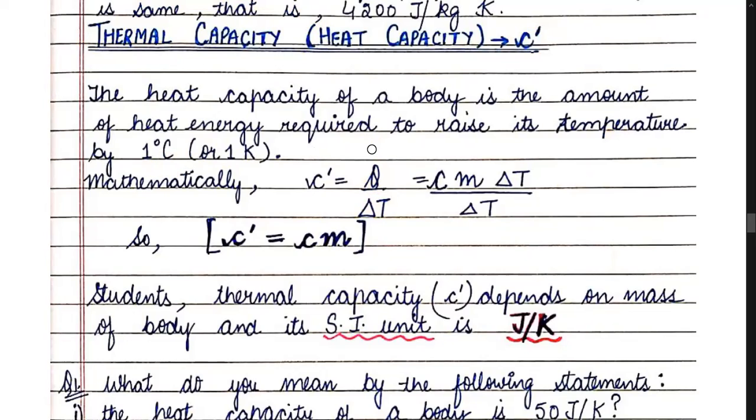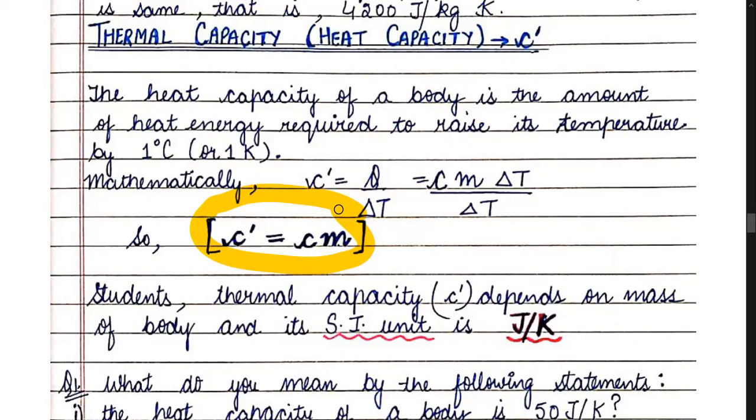So mathematically, we can write the formula of C dash as C dash is Q divided by delta T. As already done earlier, capital Q, heat energy, can be written as mc delta T, and divided by delta T, such that delta T and delta T cancel out, and the formula for C dash can be written as the product of C and M. C dash is thermal capacity, C is specific heat capacity, and M is mass of the body.